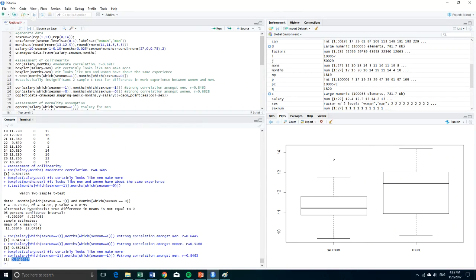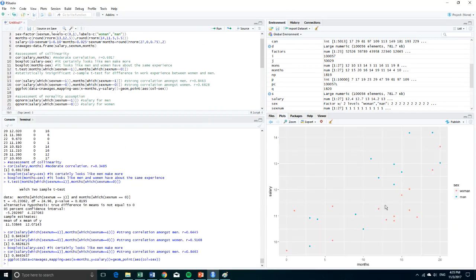We're controlling for some of the variance now because we've limited to the specific genders. It's interesting, though, that there is not a similar increase in the correlation coefficient in women between experience and salary. So we'll have to take a further look at that.